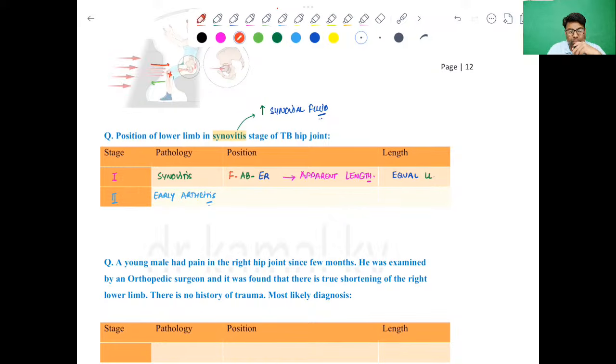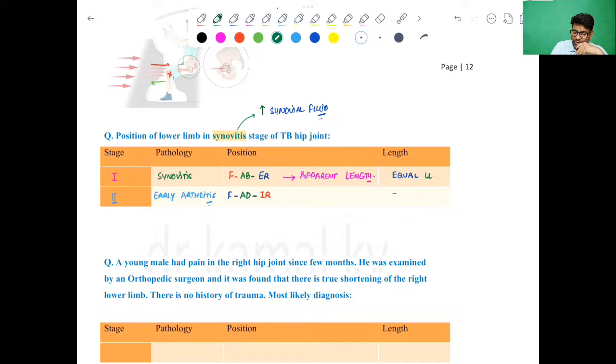So the powerful muscles will overact and they will pull the lower limb in their direction of action, right? So the muscles which are powerful here are the flexors, adductors and internal rotators. So the limb will go into flexion, adduction and internal rotation.